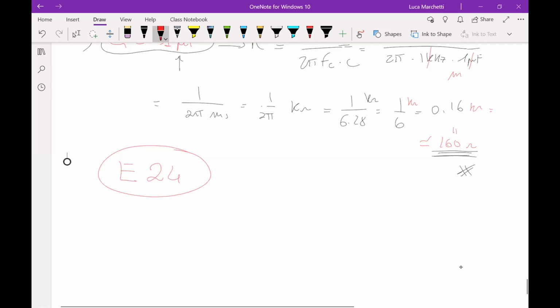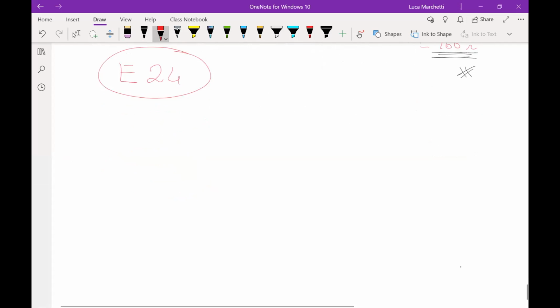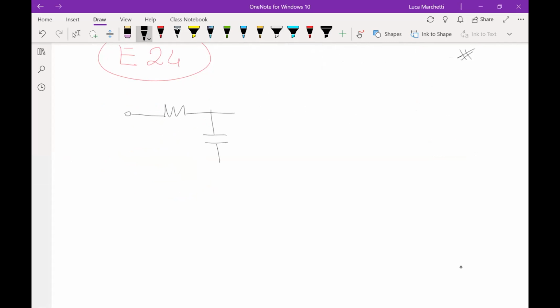I go back here. Okay, so in this case, whenever you do an exercise, the final result that I want to see is the following: 160 ohm, and this is 1 microfarad. You have to draw the circuit again just with the values. Sometimes I don't understand what you write in your calculation.